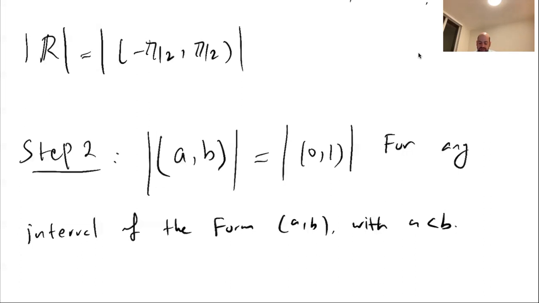But this number here, t minus A over B minus A, is between 0 and 1. Why? Because where is t? T is between A and B, I chose t between A and B. So that means t minus A is between 0 and B minus A, and therefore t minus A over B minus A is between 0 and 1.